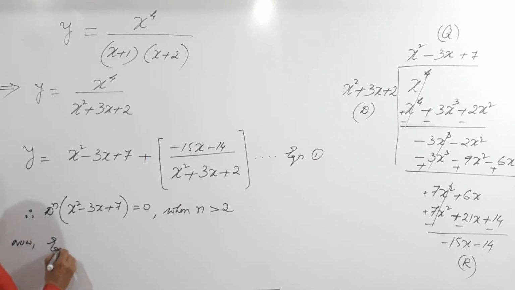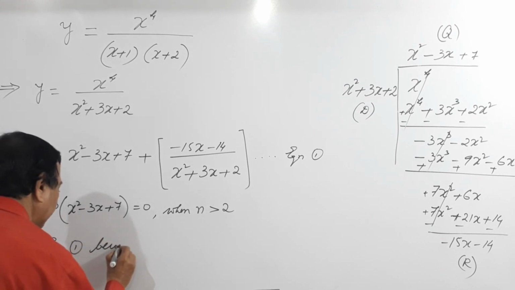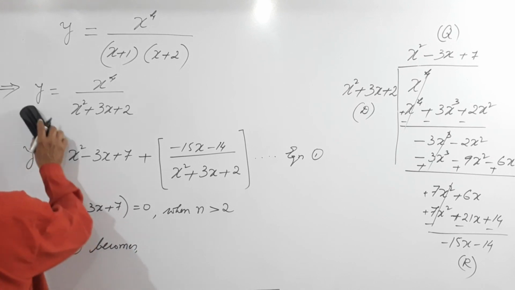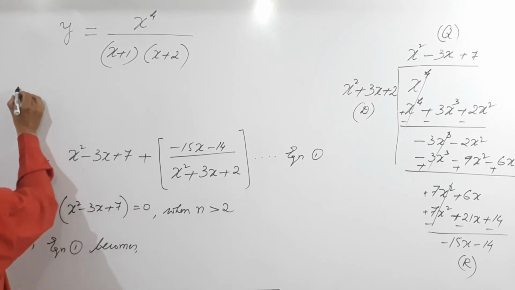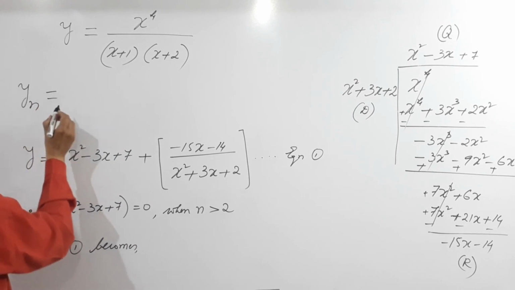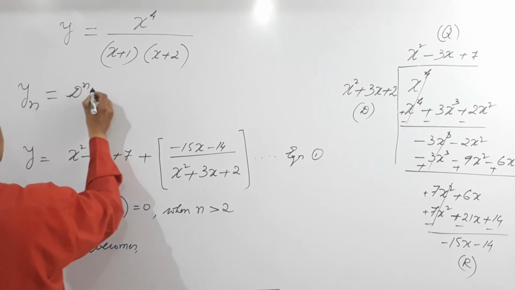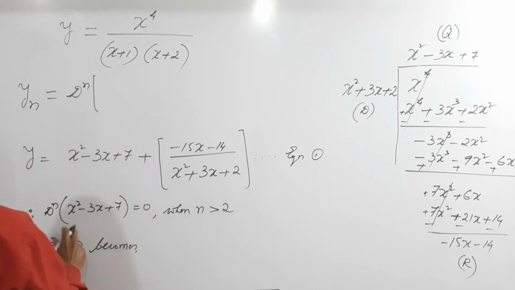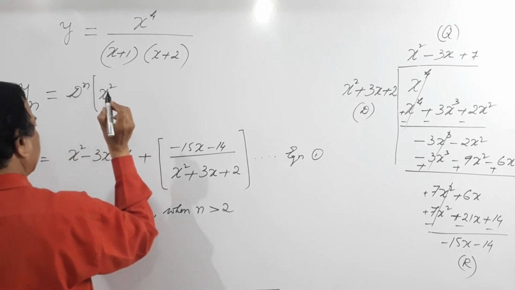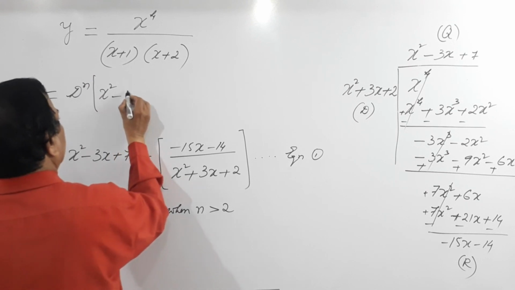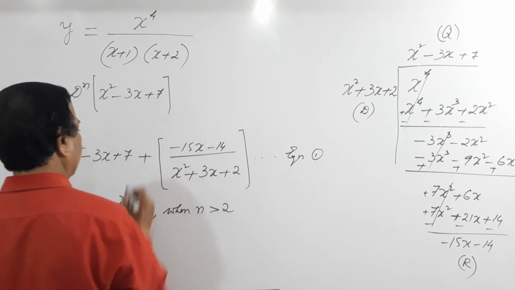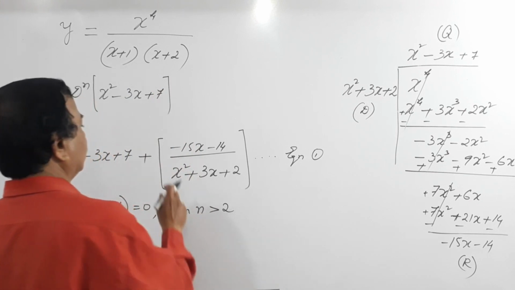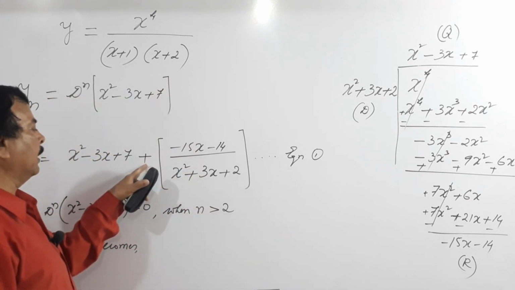Now equation 1 becomes what? yn will be d to the power of n of x square minus 3x plus 7. So minus into plus minus.